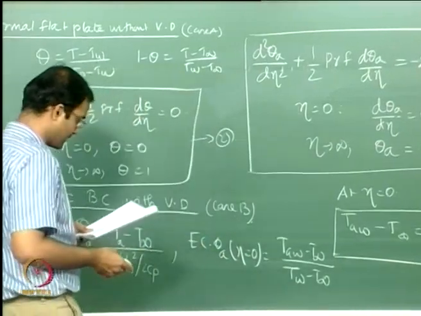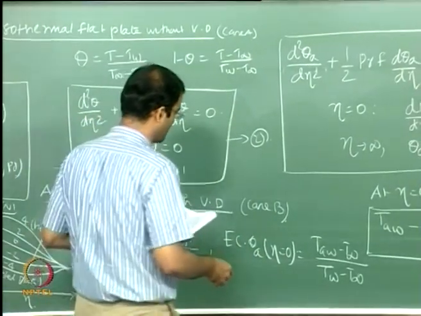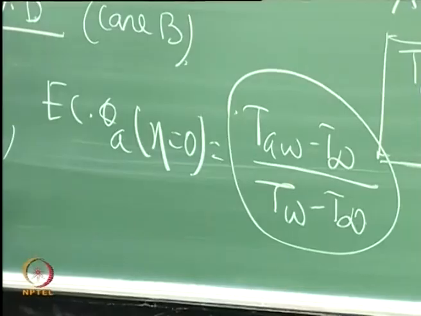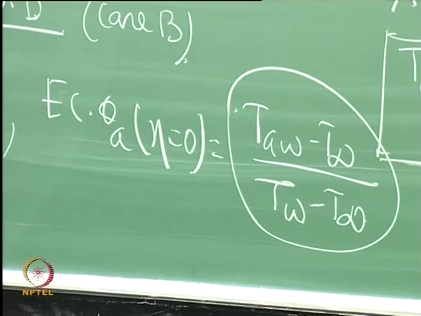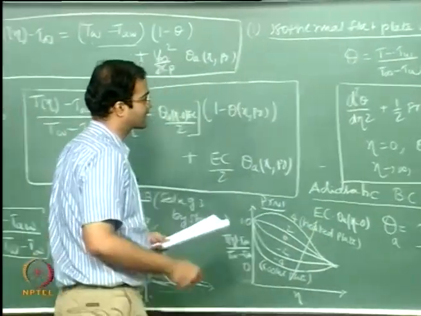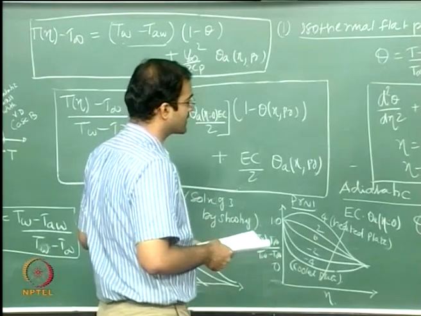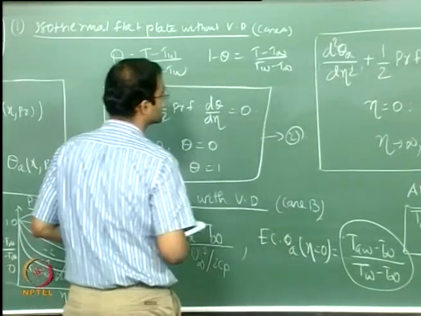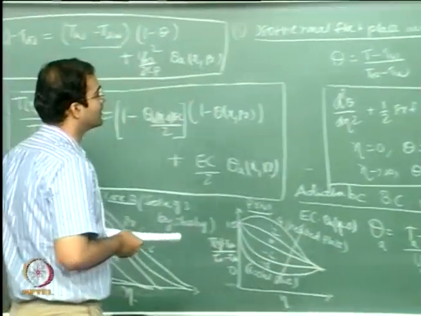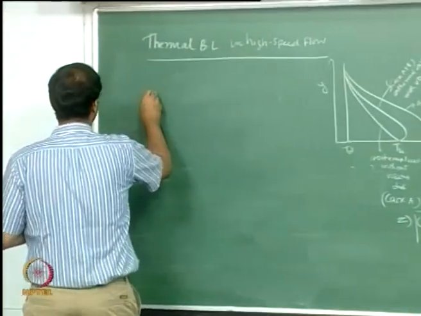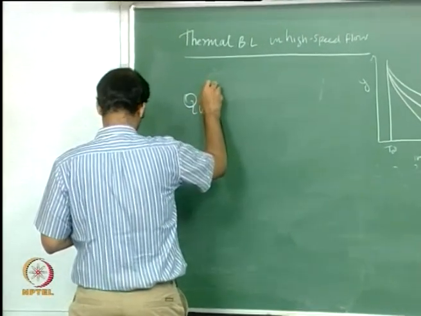So this should lead to some non-dimensional form of temperature like this. So for different values of this you are plotting this, if you are not clear about how the Eckert number comes into picture. That's how the adiabatic wall temperature enters here through the Eckert number times this. Now let me also write down the form of heat flux.